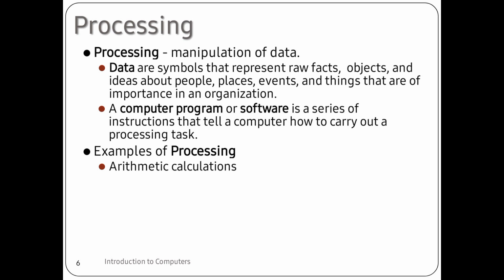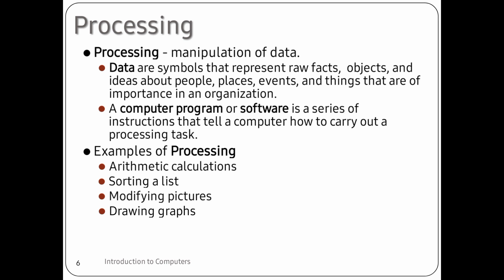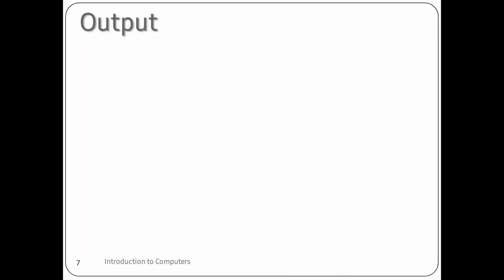That we will cover in our next topic. Sorting a list, modifying pictures. Another processing can be drawing graphs, etc. So let's look at the output, which is the third step.